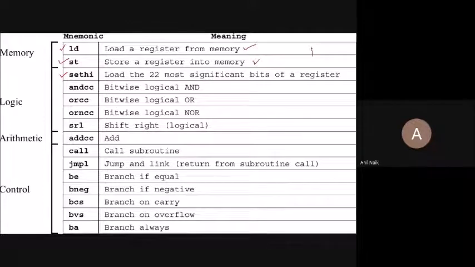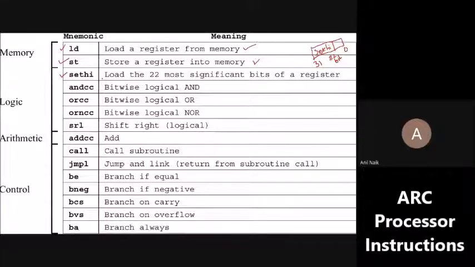Like if it is a 32-bit register, then the most significant 22 bits. We'll discuss it with examples, but this is the meaning of the set high mnemonic.